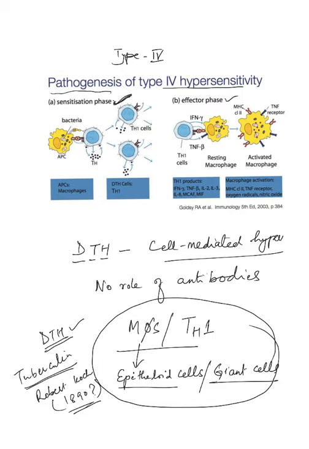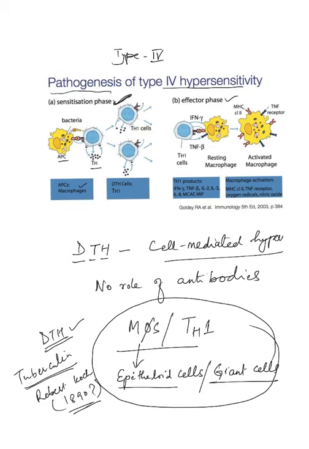Once it gets inside the cattle, the bacteria will be taken up by antigen presenting cells, for example macrophages, and these macrophages would then present the antigen to the T helper cells.